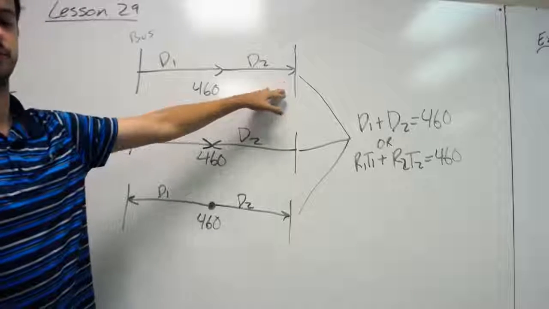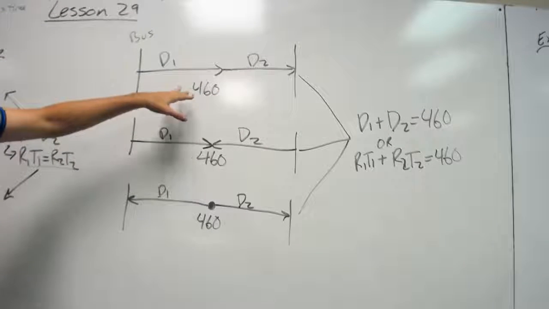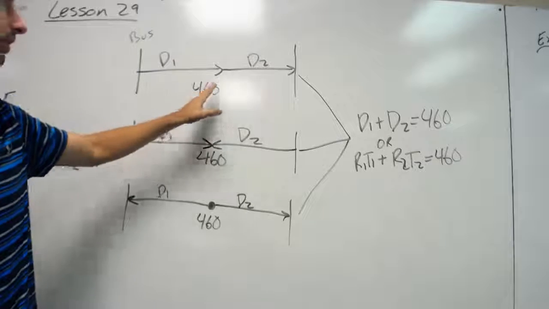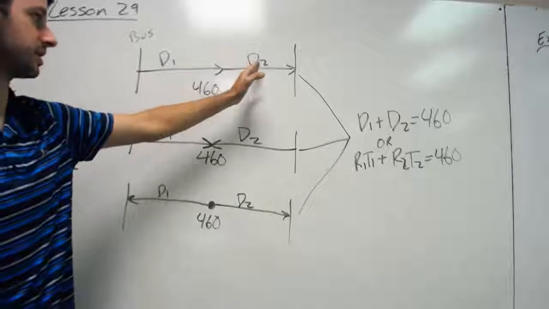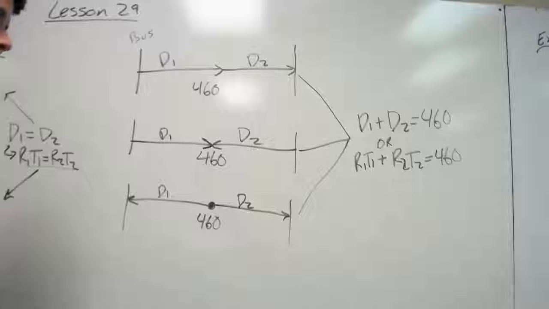Well, I know that distance is 460, but I think you get the point. Distance 1 plus distance 2 would equal 460.